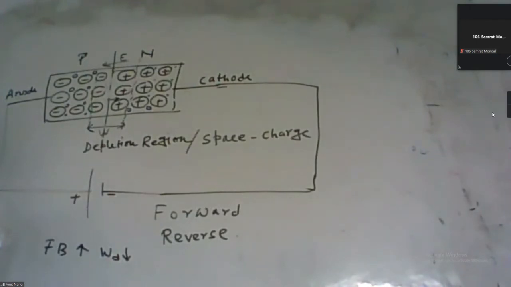So under the reverse bias condition, no current is flowing through the diode, and under the forward bias condition, current flow is possible. So it basically behaves like a switching element, because a switch has only two states, either on state or off state. Here the same thing occurs in the case of a diode.